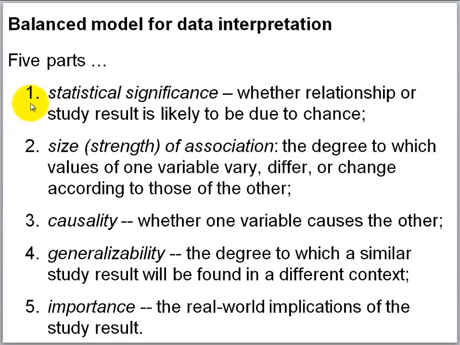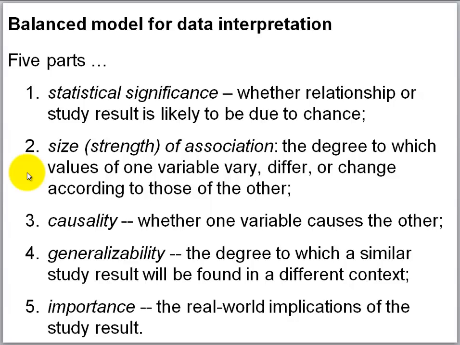Or on the other hand, it's possible to have a statistically significant result, one that's unlikely to be due to chance, but have that result or relationship convey only very weak association. So for instance, we had an example of a study of academic achievement, or really, I guess, scores on an academic skills test, and there was a statistically significant difference between girls and boys.